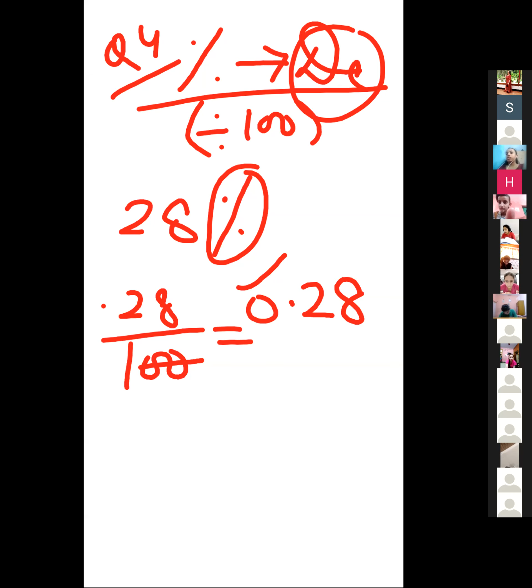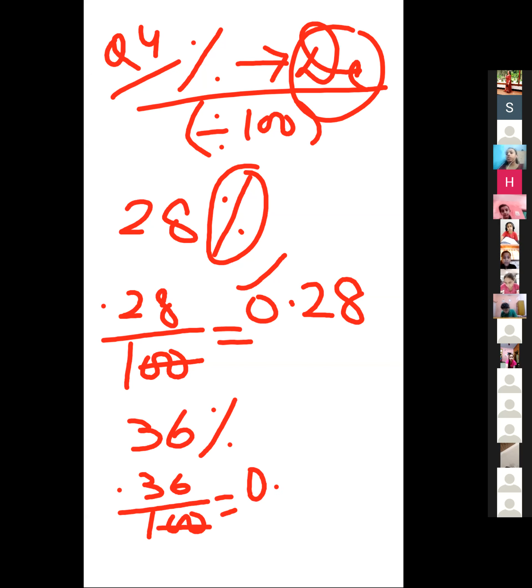See the next one. If we write 36%, how to do it? 36 upon 100. So cut 2 zeros and after 2 numbers we put the point. So 0.36. Okay, 0.36. Clear? Very good. Did you understand?